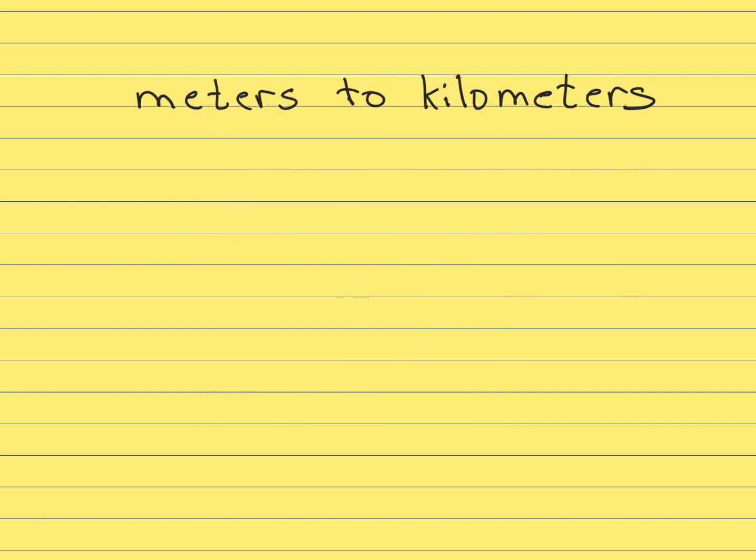Okay, here we're going to say meters. We're going to change it to kilometers. And we know that 1 meter is just a tiny part of a kilometer. It's actually 1 out of 1,000 because it takes 1,000 meters to equal a kilometer. Or we can write that in decimal form, 1/1000th of a kilometer.